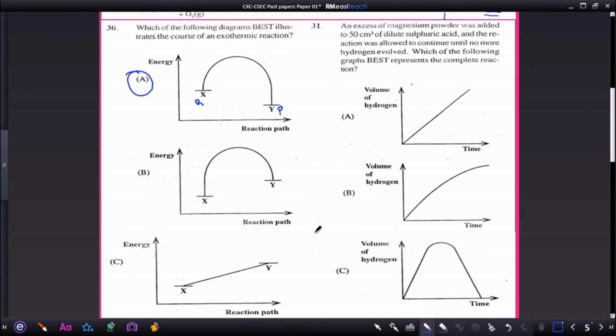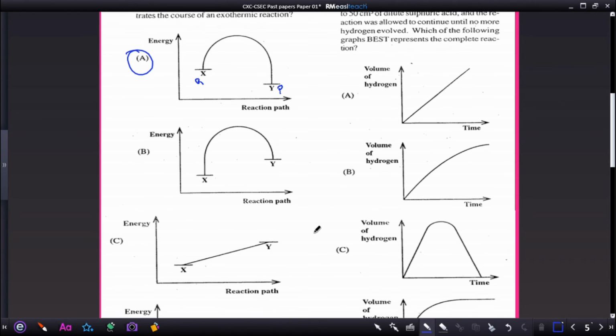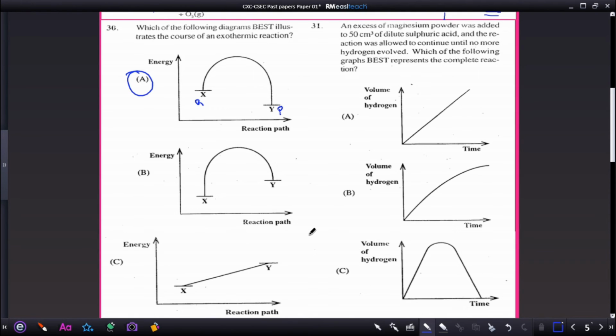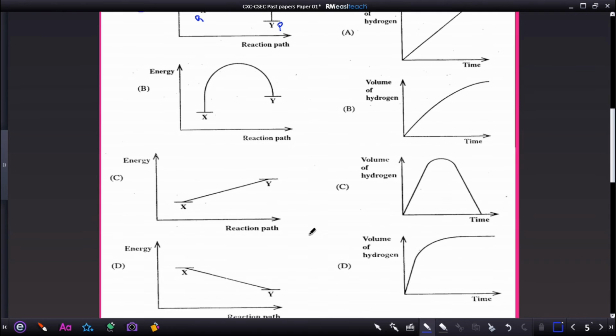So remember, as the reactant decreases, the rate of the product formation would increase. And then as soon as there's no more, it levels off. So if we were to start from here, and then it levels off. So the answer for 31 would be D.